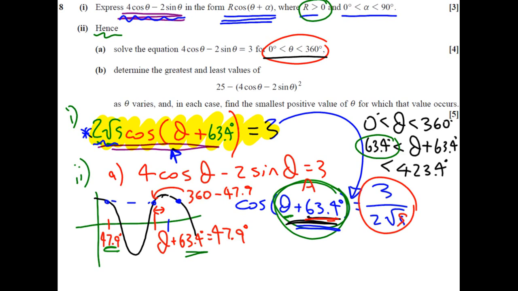This is going to be our first proper answer. 312.1 degrees. Okay, we need to test this answer too. So we're going to do 360 plus 47.9 for that one.